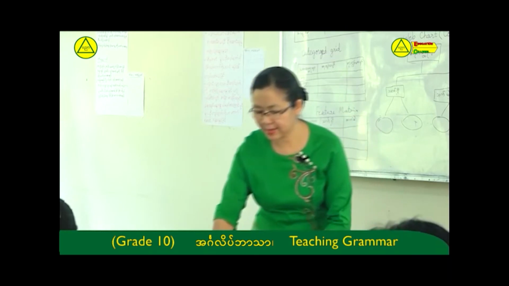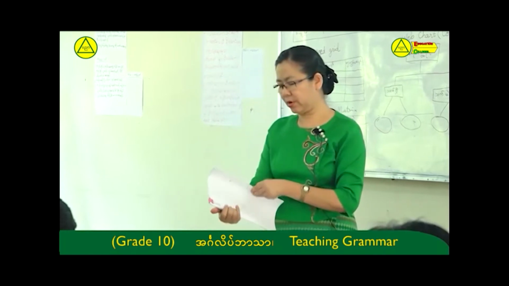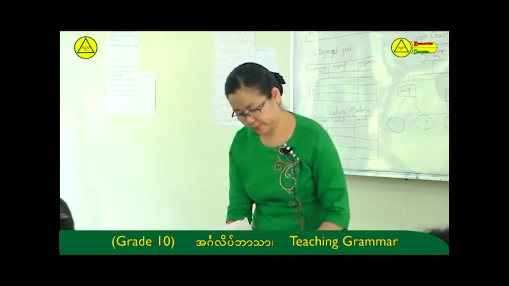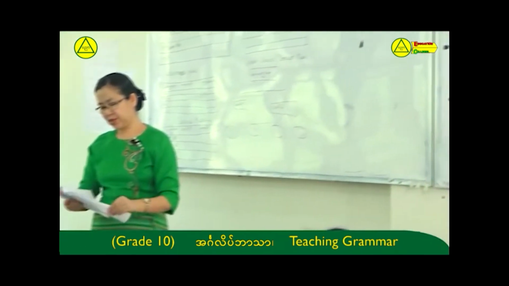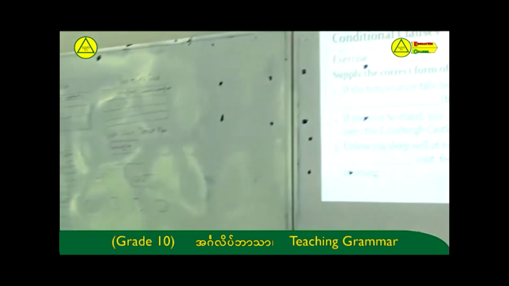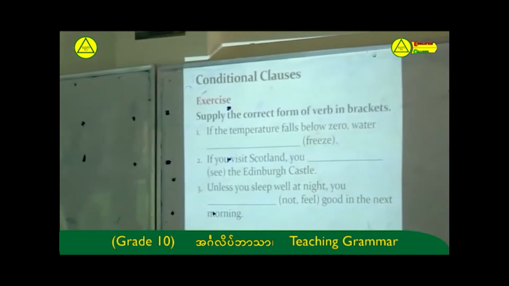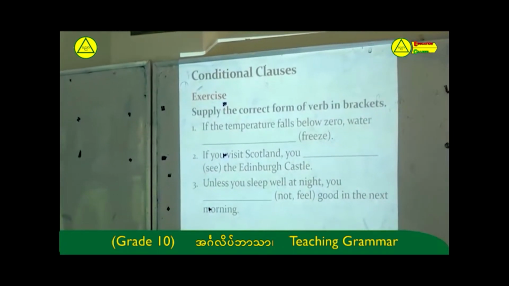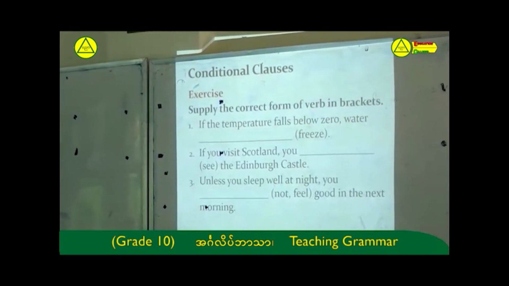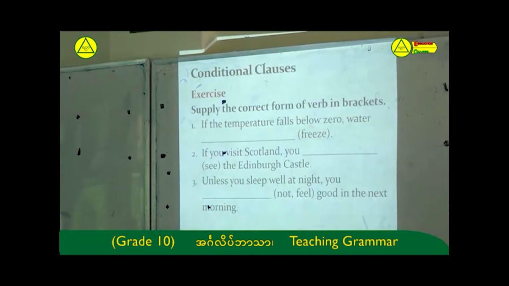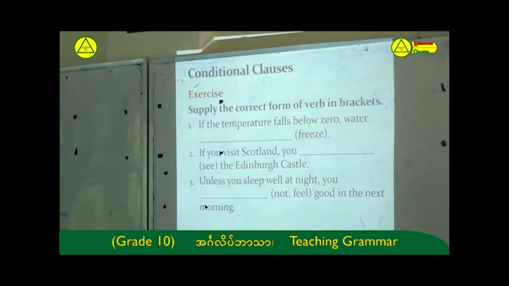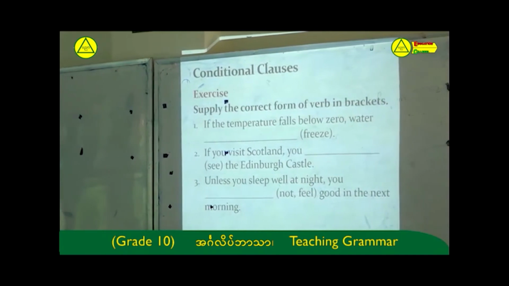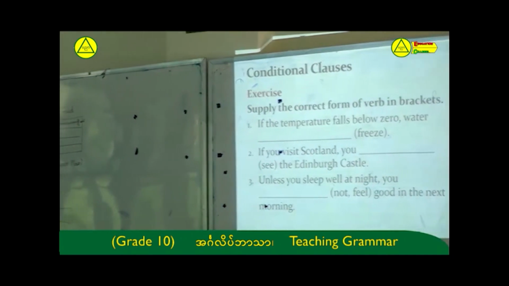These exercises are given in your textbook on page 13. What do you need to do on page 13? Please read out the instruction: supply the correct form of the verbs in brackets.